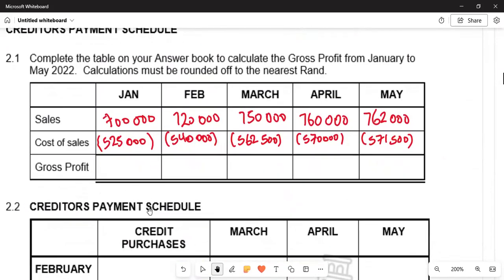So now we are to say 700,000 minus 525,000, and then it will give us 175,000.